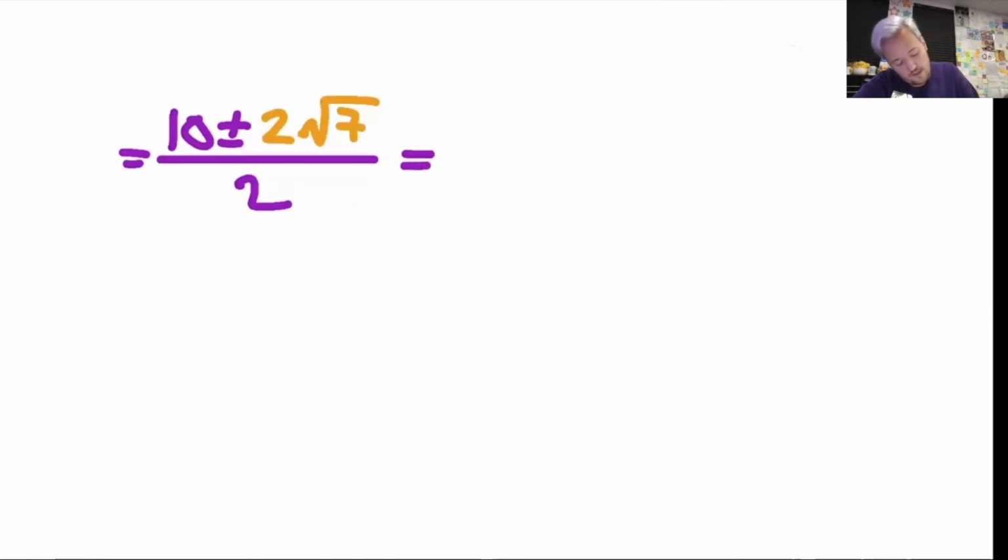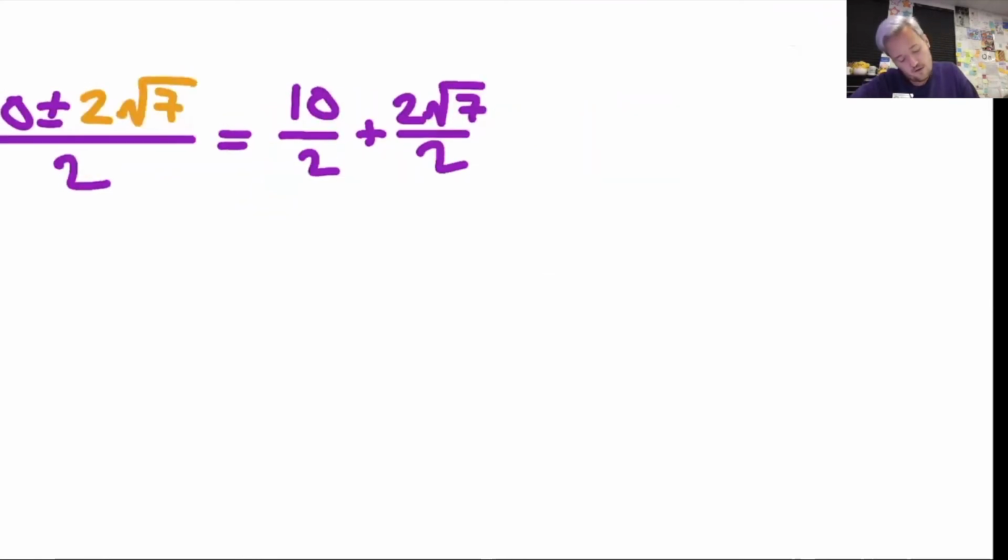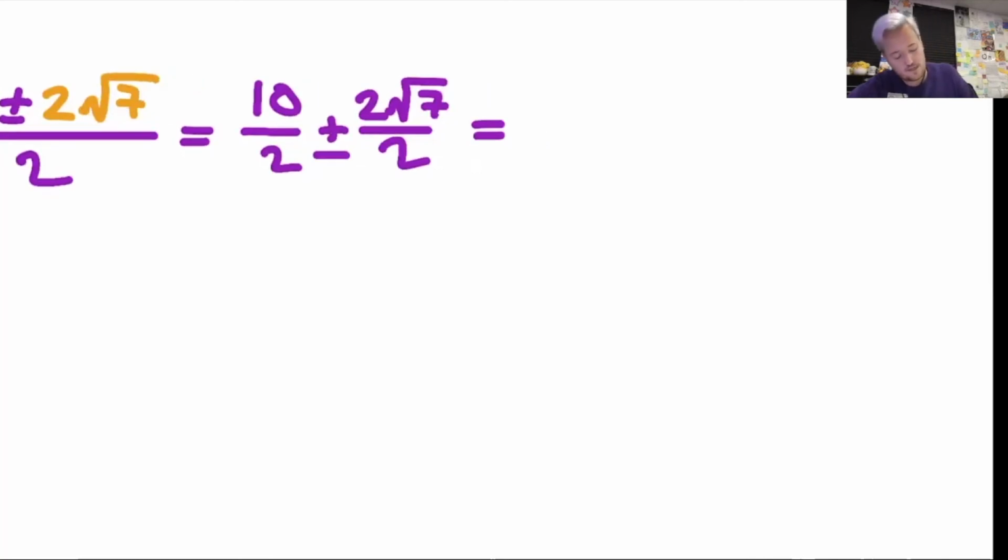So what that means is I'm going to split up that numerator and I'm going to give each one of them their own denominator so that I can simplify. So plus or minus. There we go. So 10 over 2 is going to simplify to 5. Then plus or minus 2 root 7 over 2 is just going to simplify to the square root of 7.